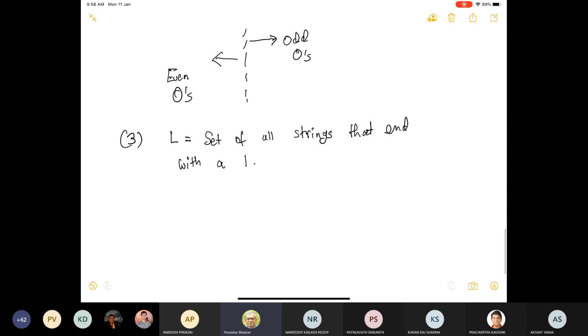Okay, let me just describe the machine. This is on a 1, 1, 0. So think about this, and we'll stop here. If you have doubts, we'll take it up in the next class. Okay.